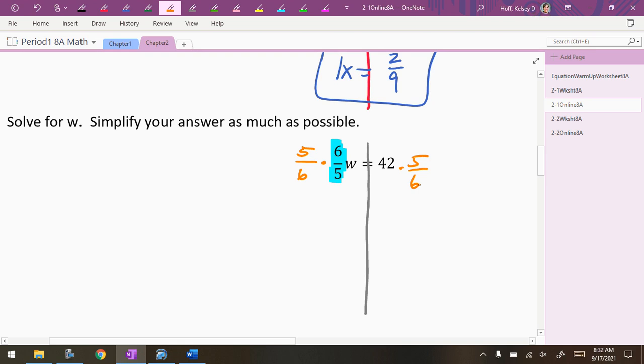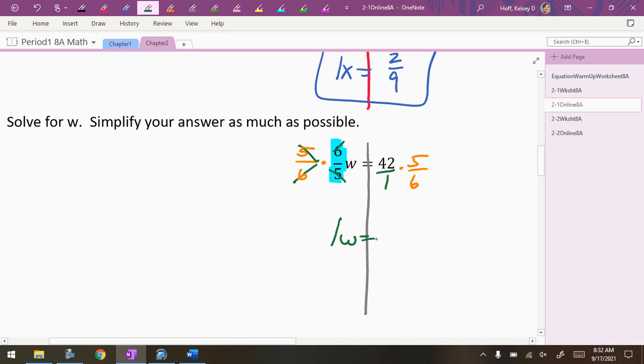And notice, Ms. Hoff wrote it on both sides. Yep, we got to put a 1 under the 42. Ms. Hoff likes this one because we get cross-happy and we get all the way to 1w. Tell me what I should do on that right-hand side now with that 42 over 1 and 5 over 6. Divide 6 by 6. 6 and 42 can cancel out.